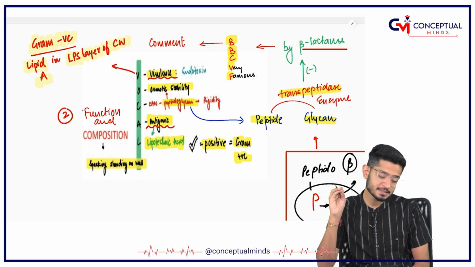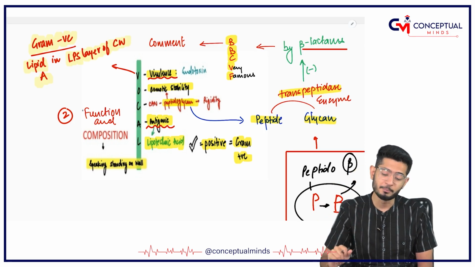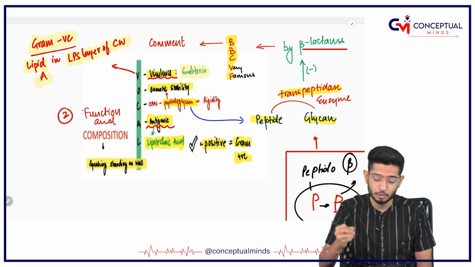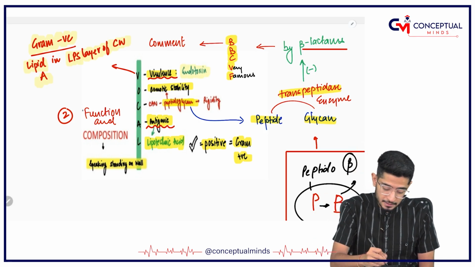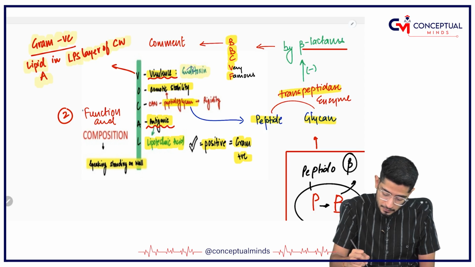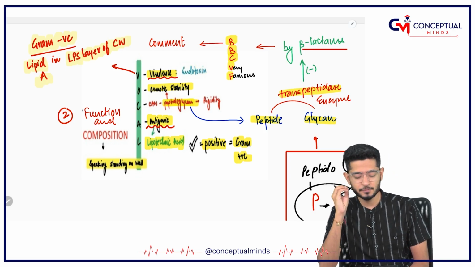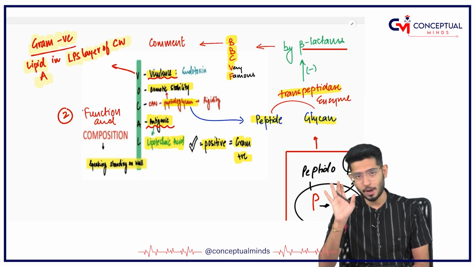In the LPS layer of the cell wall, you have got lipid A, and that is responsible for formation of endotoxins, or exotoxins. For that matter, you can remember toxins. So, that is responsible for making the toxins, and this is responsible for the virulence.